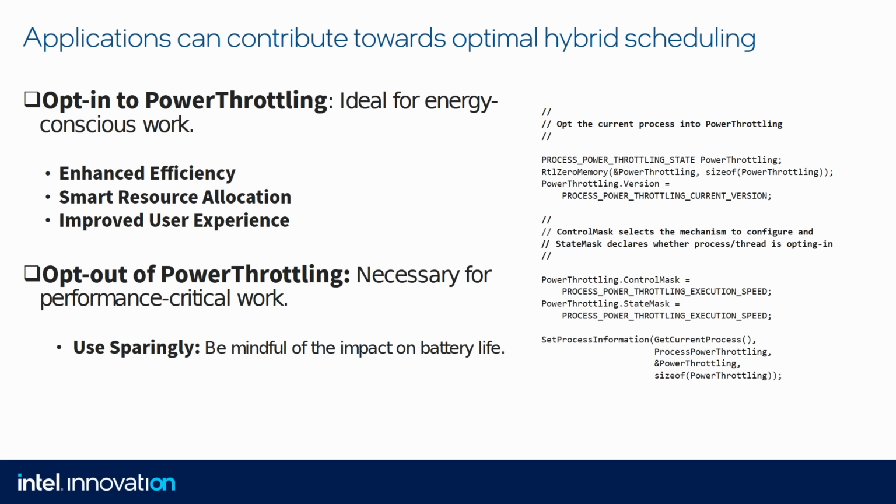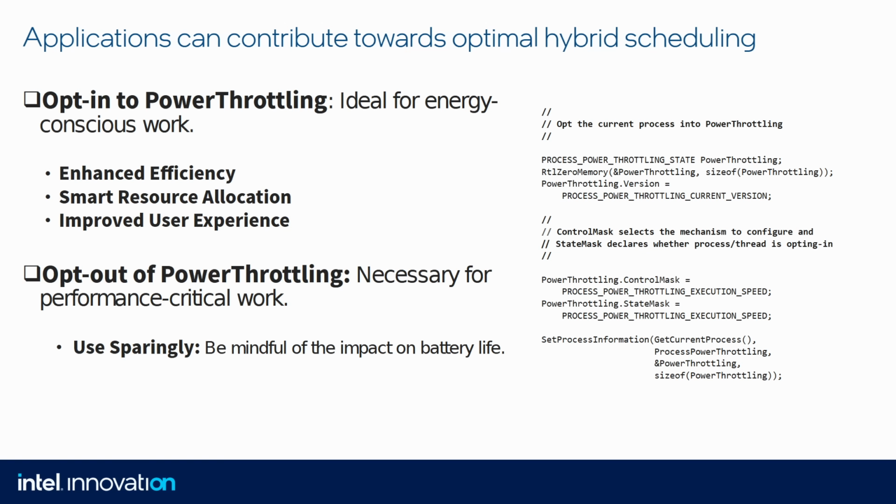As you can see, we have the power throttling state, which is a structure, and you need to provide the current version of power throttling. Then an application writer can use the control mask and the state mask to tell the operating system that, hey, my application can throttle for execution speed.